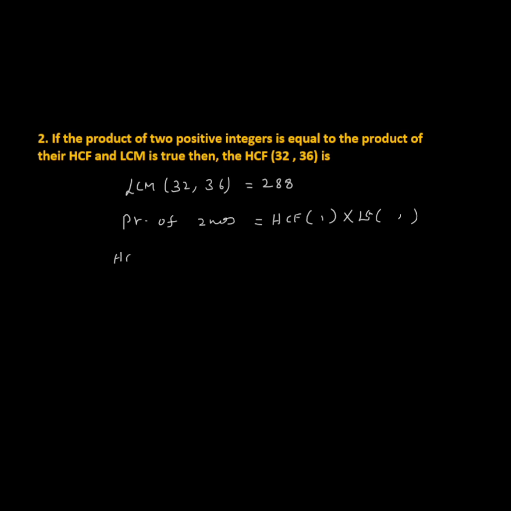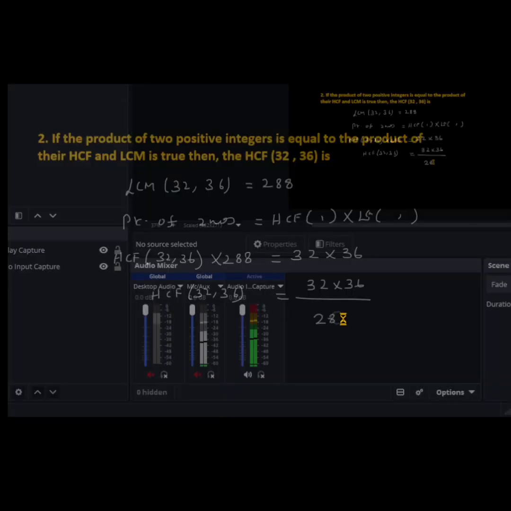We don't know the HCF of 32 and 36, but we know the LCM of these two numbers is 288. Then multiply the two numbers, 32 into 36. So to find the HCF, we can transpose 288 to the other side and divide by 288.